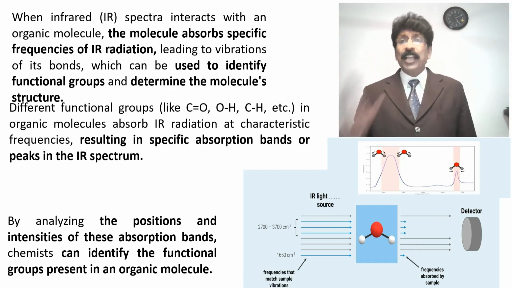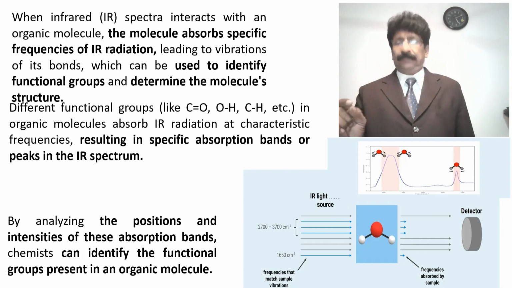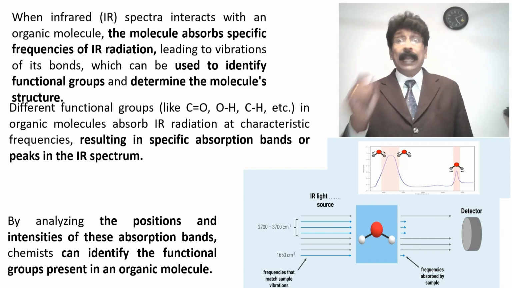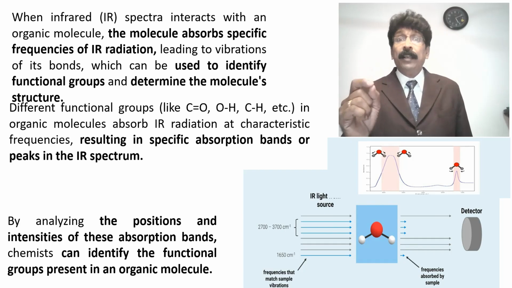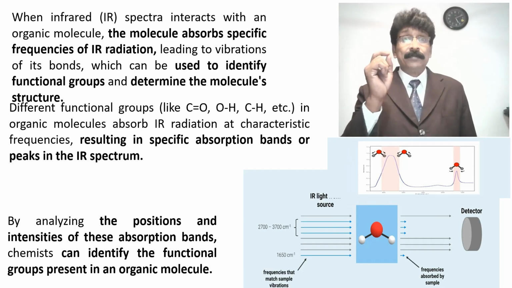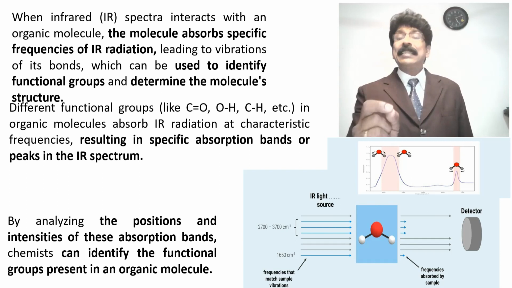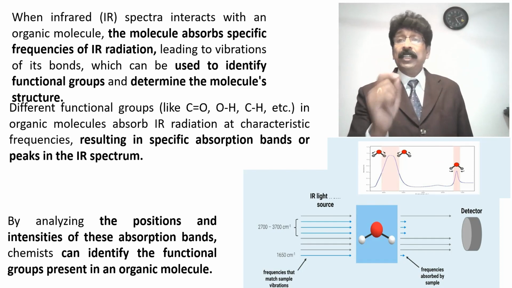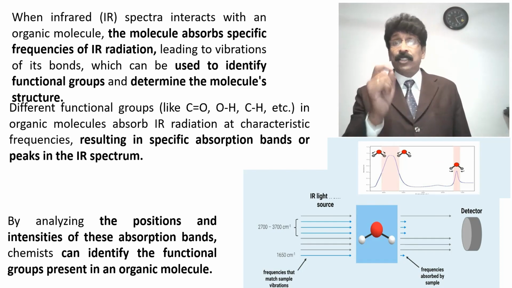So a student can write at least this line: IR spectroscopy can identify the functional group of an organic molecule by means of the change made in its vibrational and rotational energy or electronic energy.